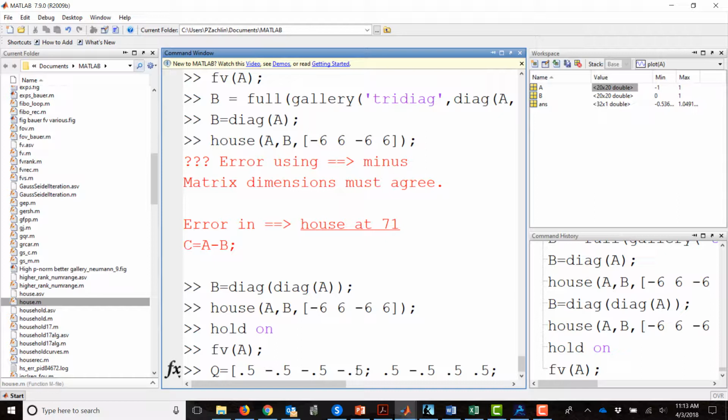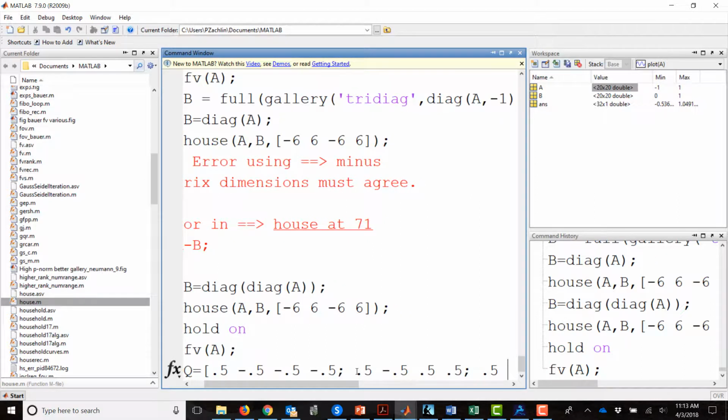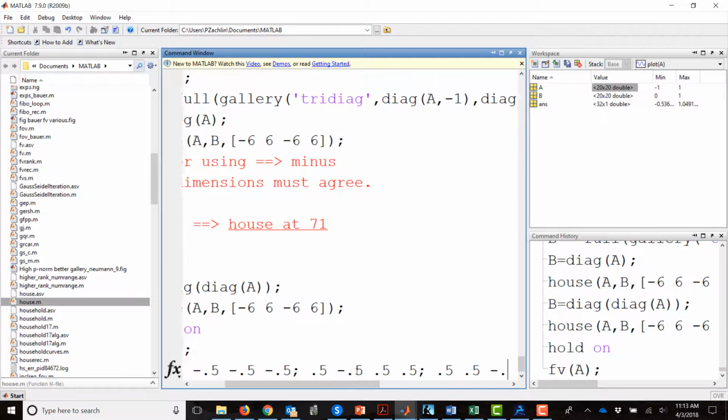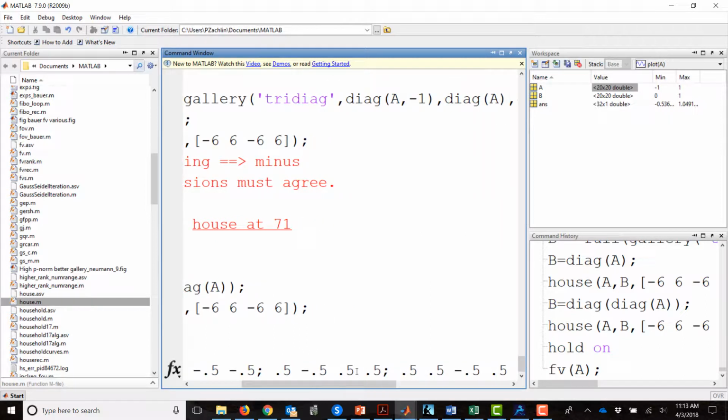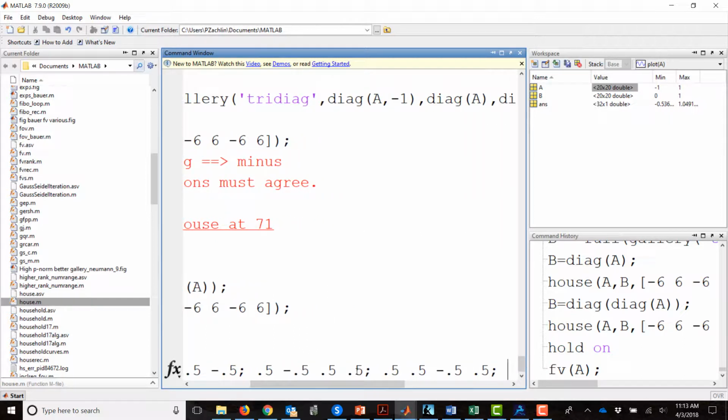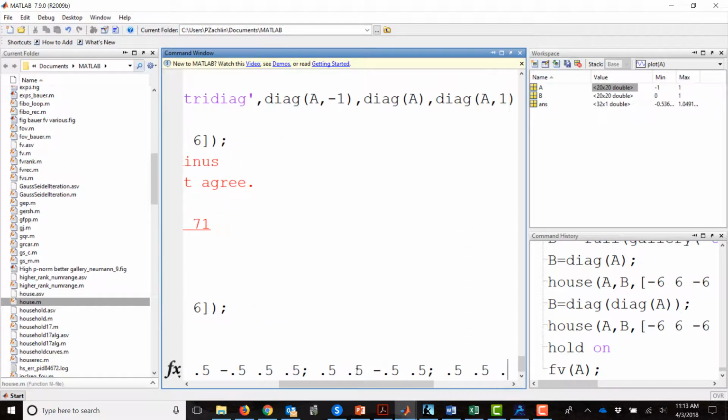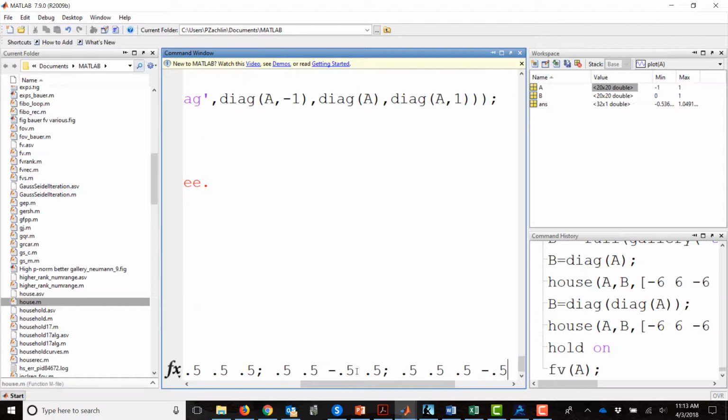Oh, wait a minute, I'm doing the columns. That's all right, it'll work. I'll just transpose it: 0.5, 0.5, negative 0.5, 0.5, and then 0.5, 0.5, 0.5, negative 0.5.